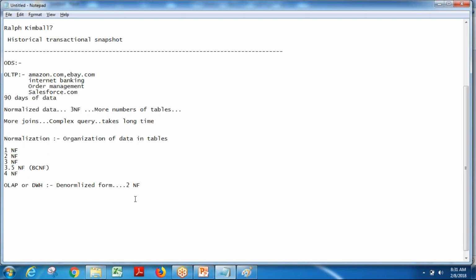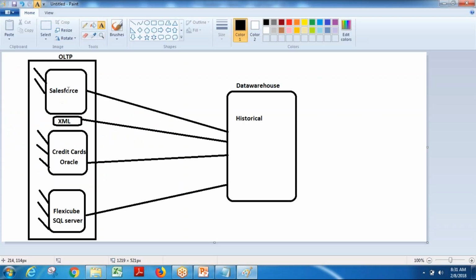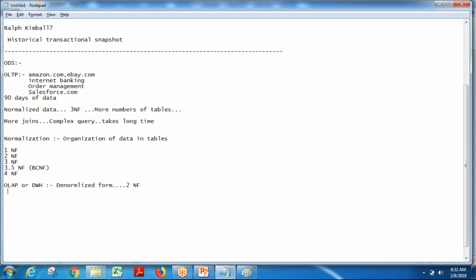So if you have, let's say, 200 tables for a CRM for storing the data, when I translate all these 200 tables, I may shrink them down to some 10-15 tables, maybe 5 fact tables and 15 dimension tables. Maybe 20 tables into which I can break this OLTP model. So obviously the number of tables is less in the data warehouse compared to your transactional system. That's why we denormalize up to the second normal form.